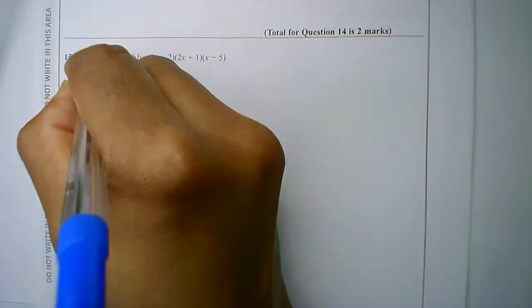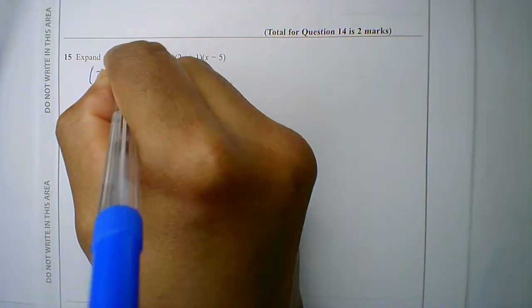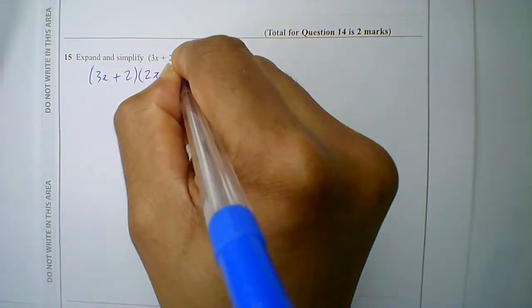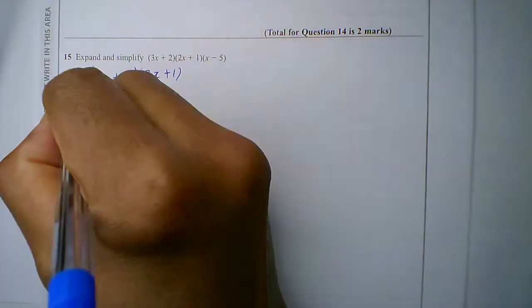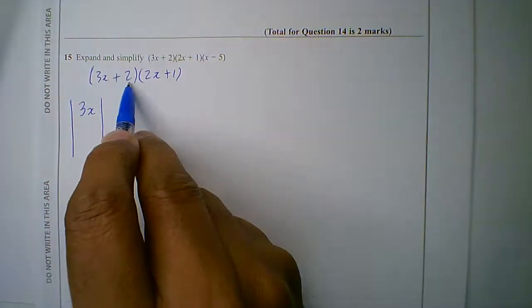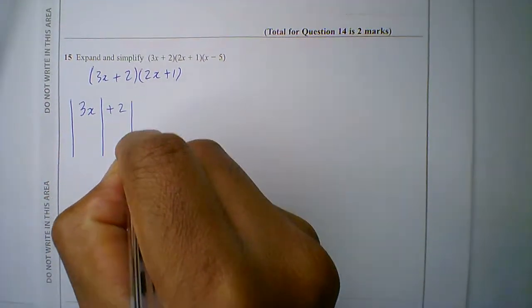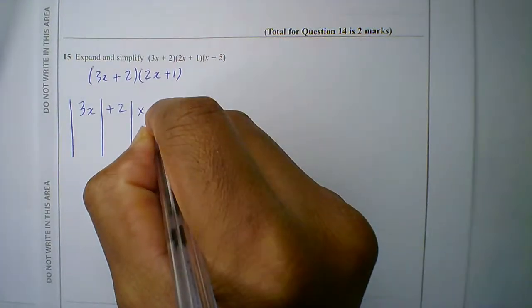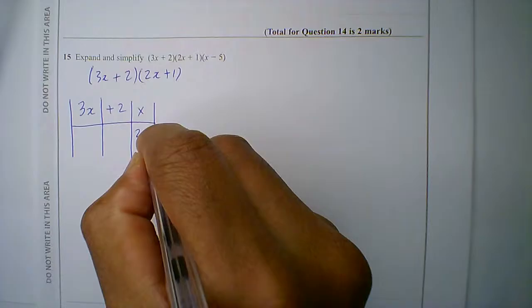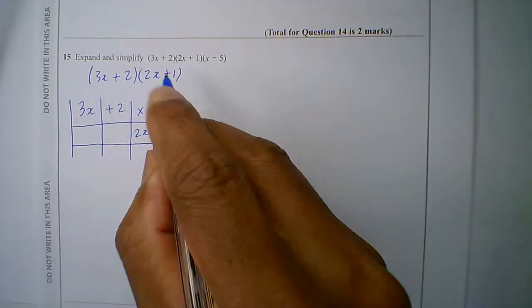So I'm going to do 3x plus 2 times 2x plus 1.